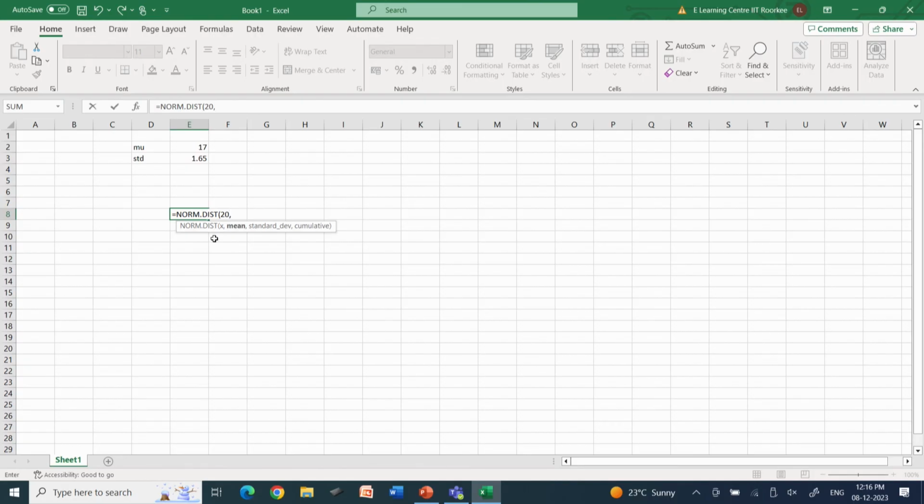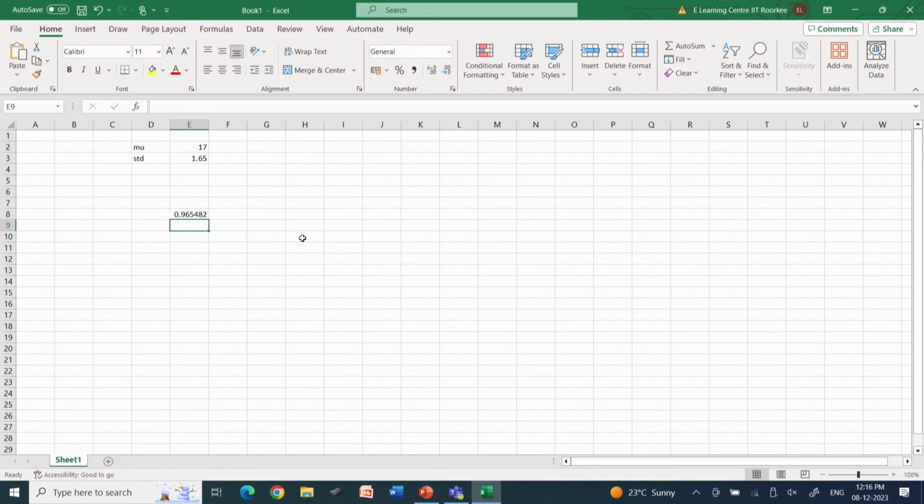So, mean is 17 and standard deviation is 1.65, then it is true. So, the probability of completing the project within 20 weeks is 96.542%.